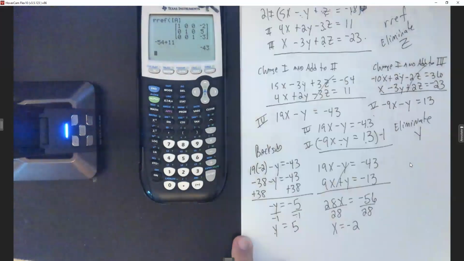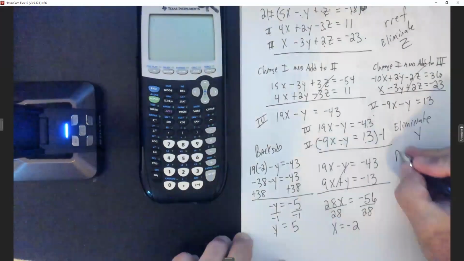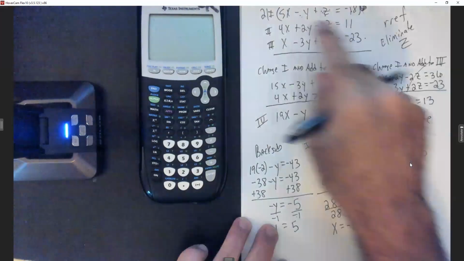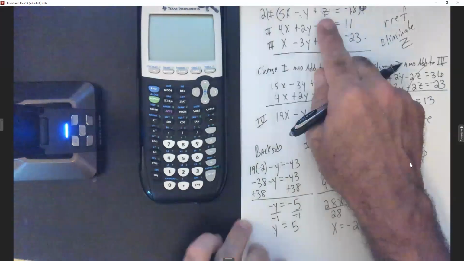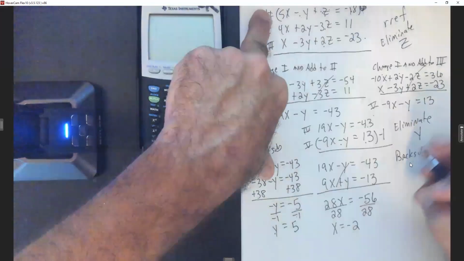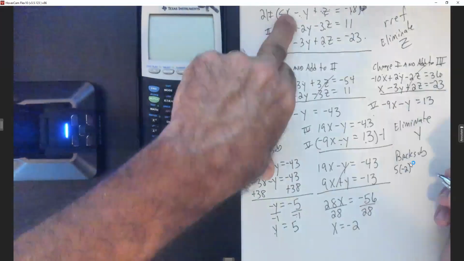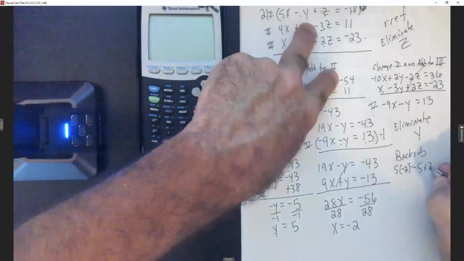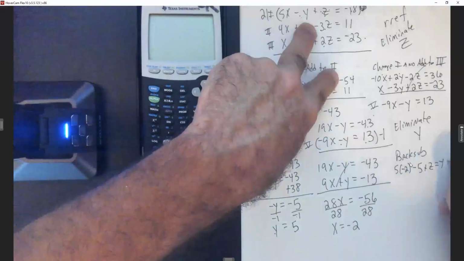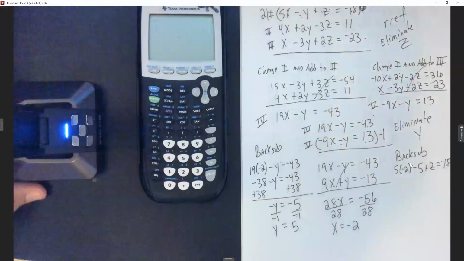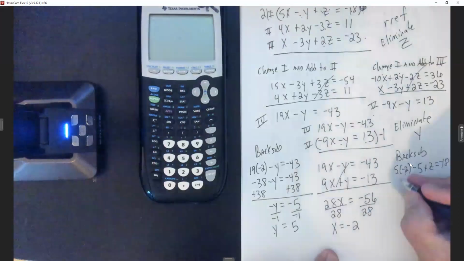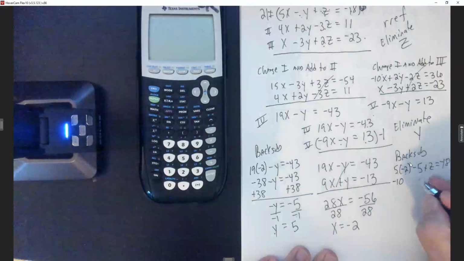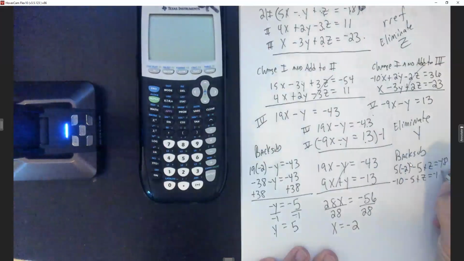So now I'm going to back substitute into the first equation. I got 5 times x, which was -2, minus y, which was 5, plus z has to equal -18. All right, here we go. 5 times -2 is -10, minus 5 plus z equals -18.